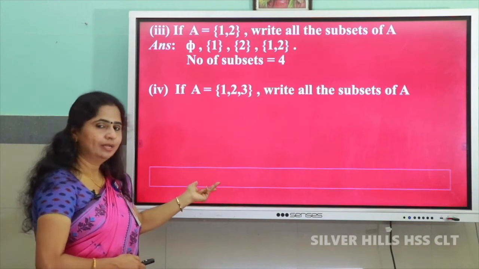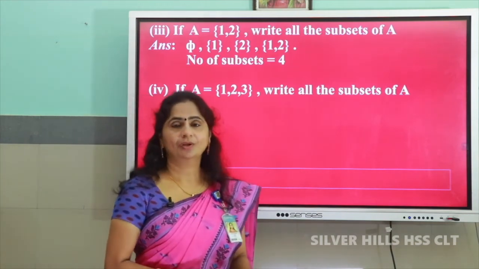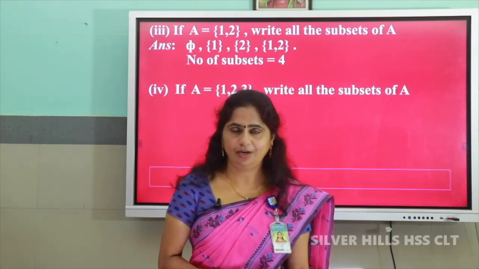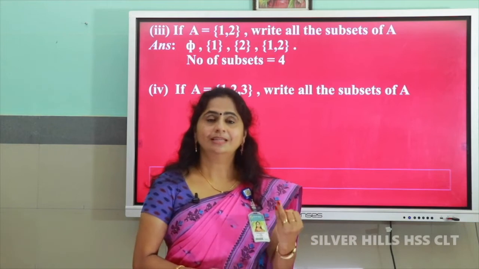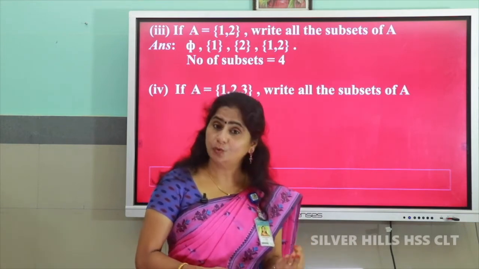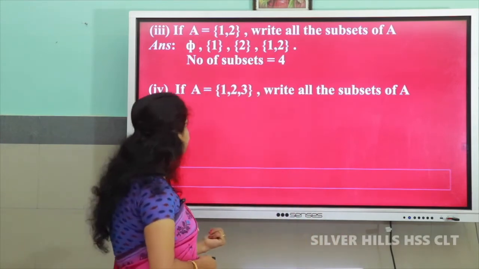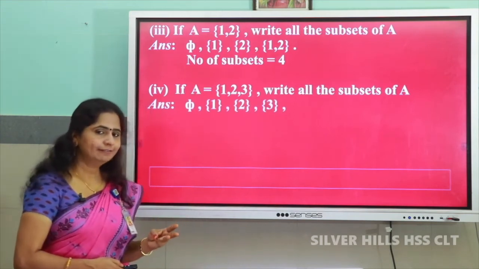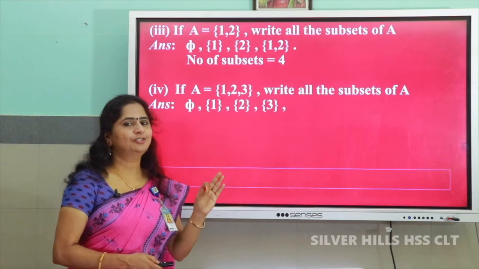Let us go to the next problem. If A is equal to the set {1, 2, 3}, write all the subsets of A. We always begin with the empty set, then sets containing one element, then sets containing 2 elements, then the full set. So, we will do one by one. So, phi, set {1}, set {2}, set {3}.